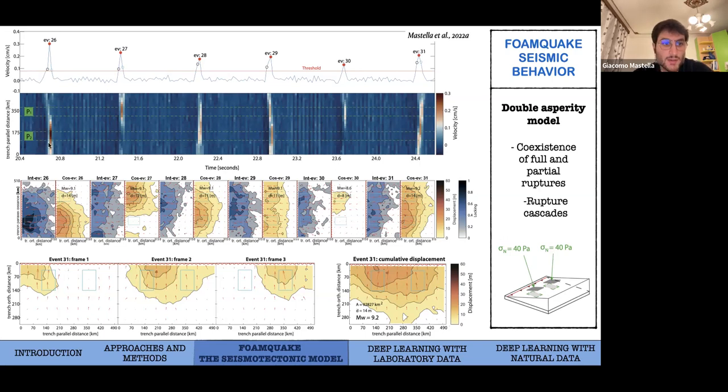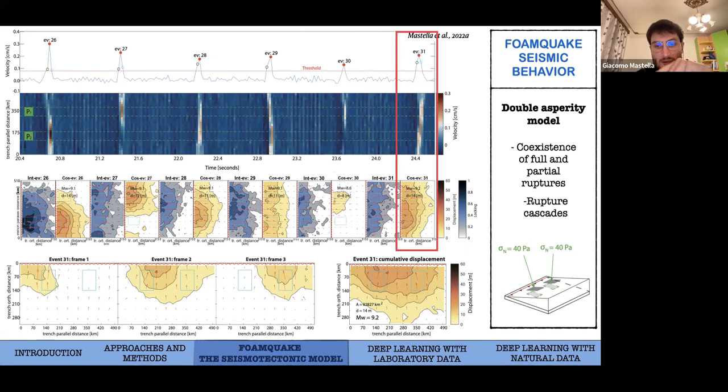And we can see a coexistence of full and partial ruptures, namely ruptures during which, in one case, only one asperity fails coseismically, so a single asperity rupture, such as this event, and other events, such as event 31, during which both asperities fail coseismically almost together.